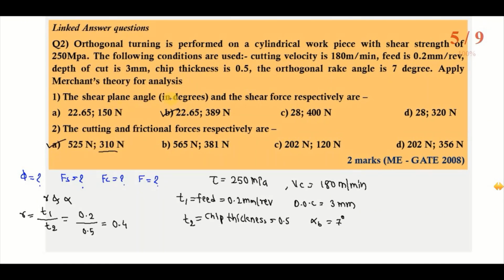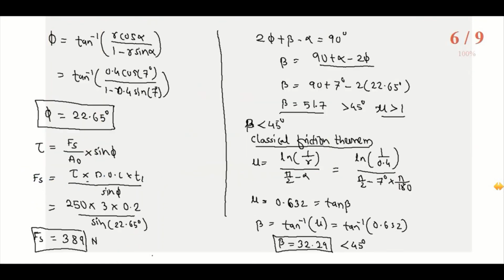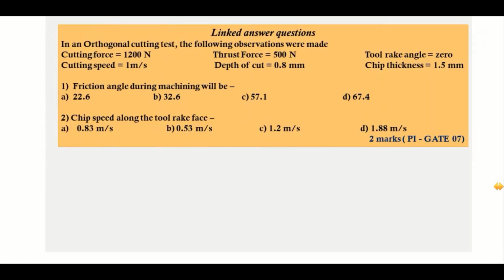These are the link type questions where the answer of the first question is used to solve the second question. Hope you understood. Then another linked answer question where the data given is cutting force, thrust force, tool rake angle, cutting speed, depth of cut, and chip thickness values.